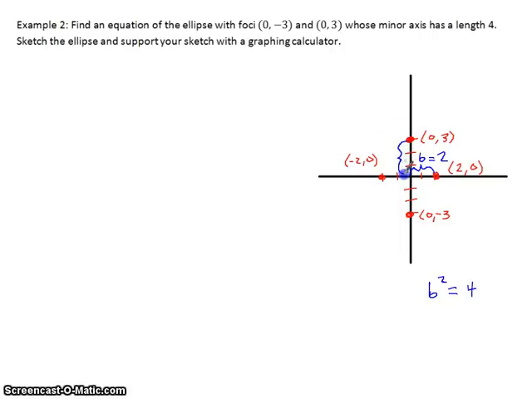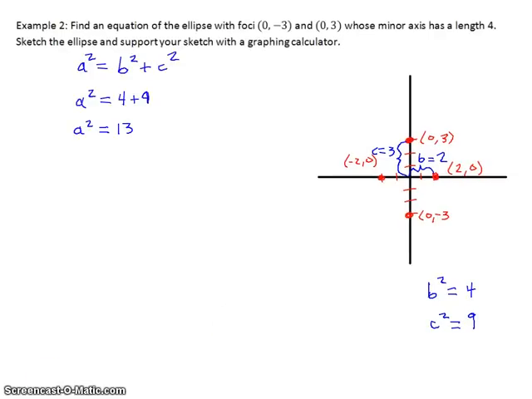This distance here is 3, which means that C squared is equal to 9. Because we have B squared and C squared, we can figure out A squared. A squared equals B squared plus C squared, which means that A squared is equal to 13 when we substitute in B squared and C squared.